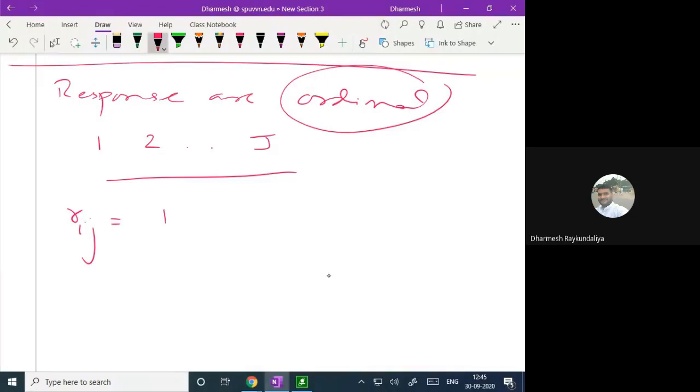The cumulative probability is the probability that response y_i falls into the jth or less than or equal to the jth category.